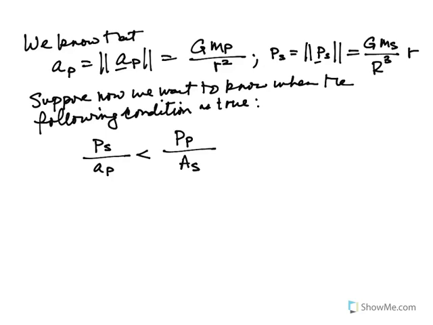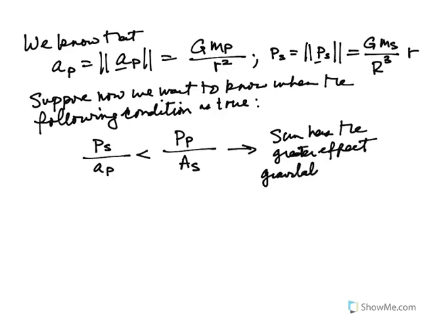When this condition is met, we know that the sun will have a greater effect on the spacecraft. So if this condition is met, this means that the sun has the greater effect gravitationally on the spacecraft.